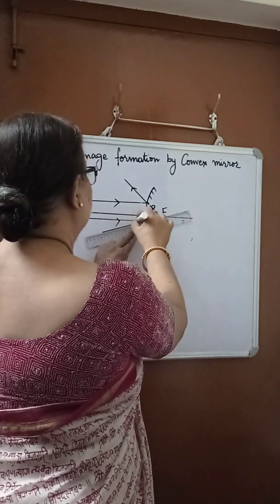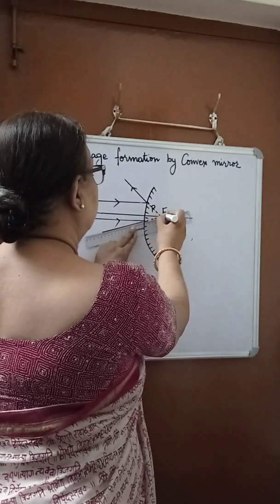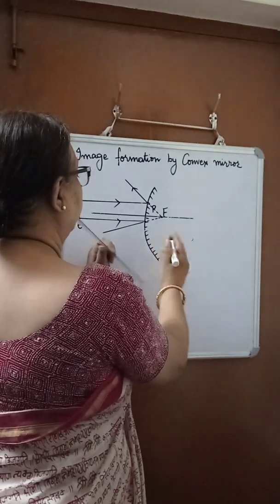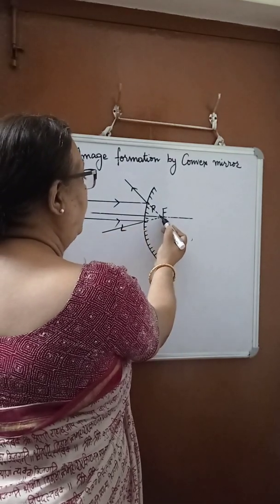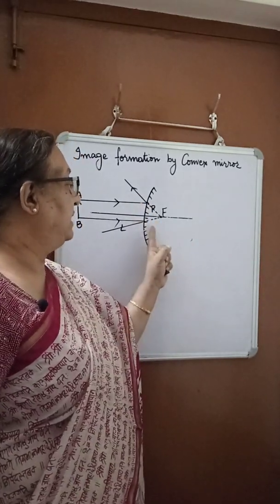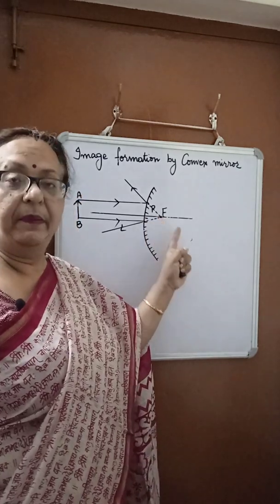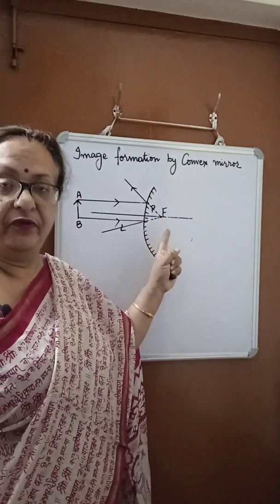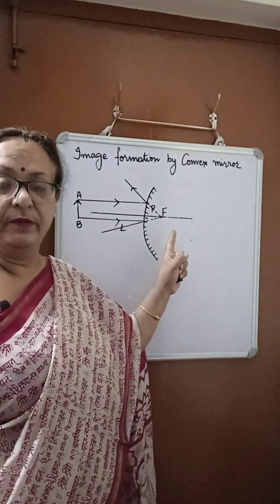Something like this. This is the reflected ray. Now see, the reflected rays, when produced backwards, appear to meet at F. So this is the position of the image.